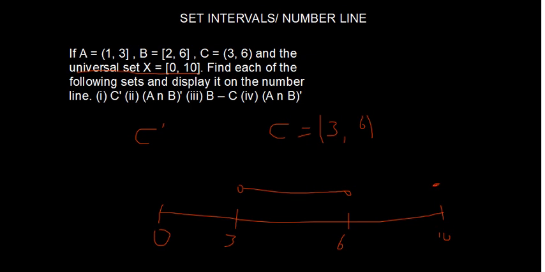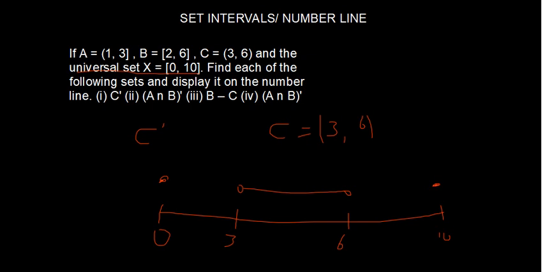So is the 0, it is part of the universal set. Knowing that only the members between 3 and 6 are part of C, C complement is going to be the outer bounds.